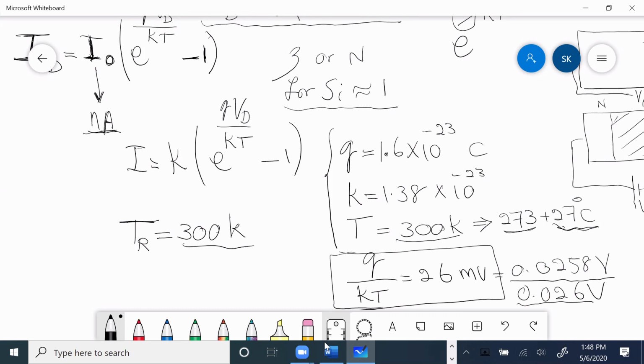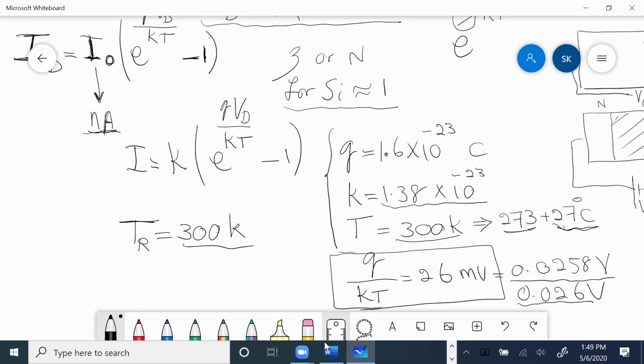Yeah, I'm sure we all know by now that that's always going to be 26 millivolts, but if we put it into the calculator, I can't ever really get that value. I get something like 38.